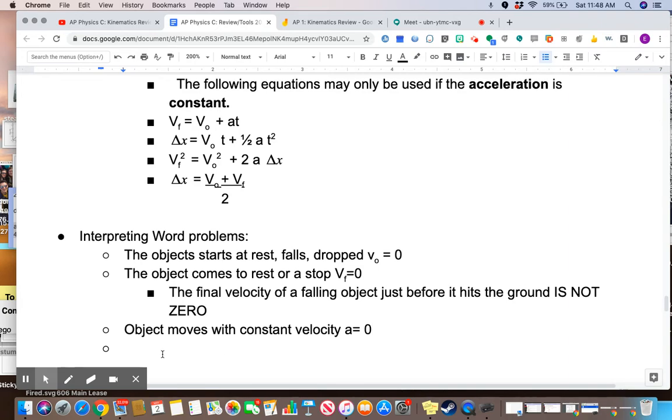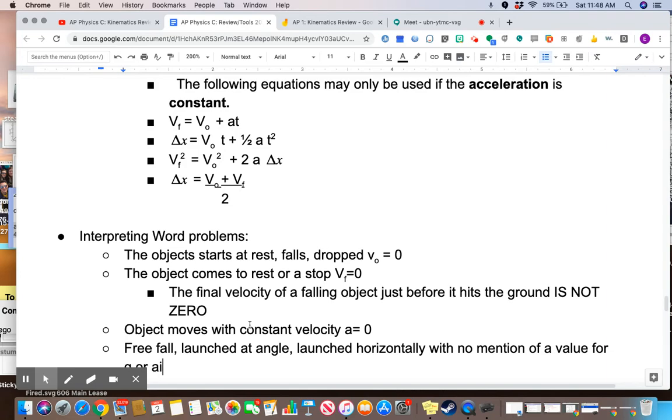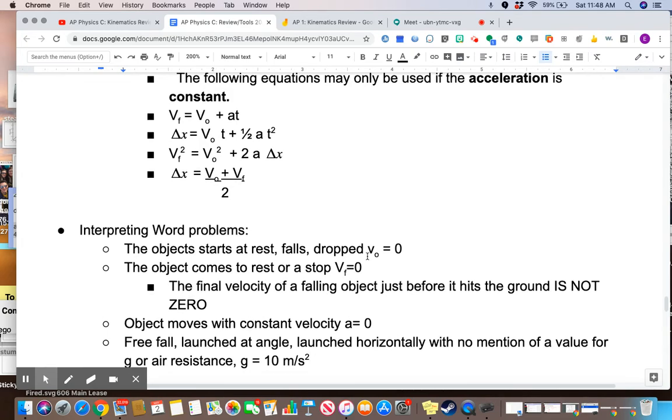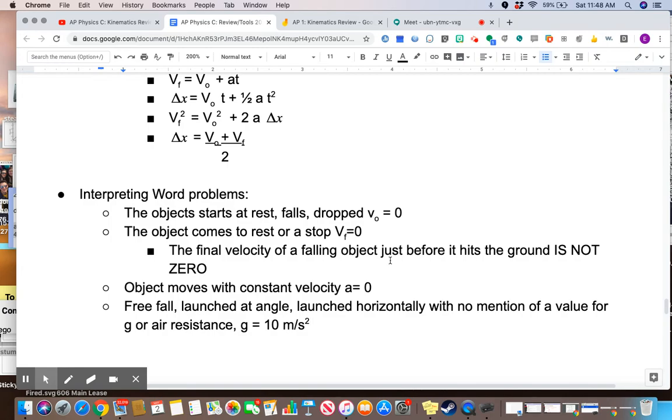Anytime we see the word free fall, launched at an angle, launched horizontally, and it doesn't give you a planet, and it doesn't tell you anything about air resistance or drag, you assume that g is 10 meters per second squared. Okay, so those are good assumptions that we need to be able to automatically make.